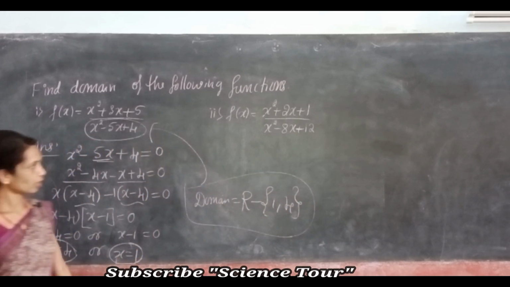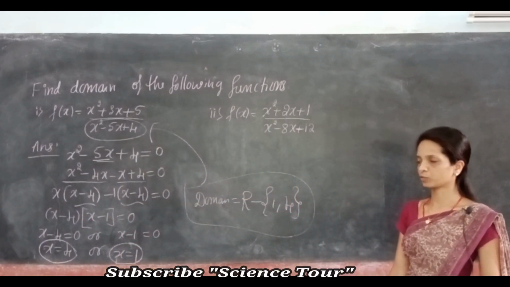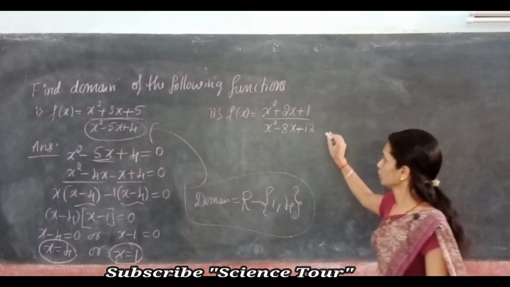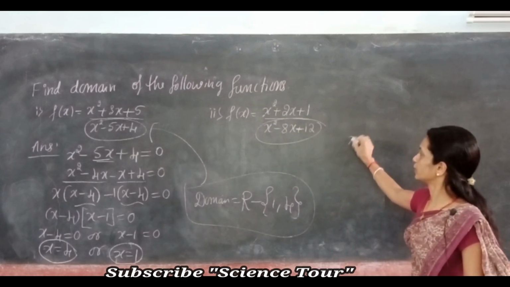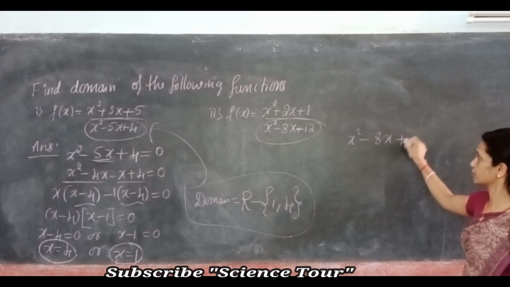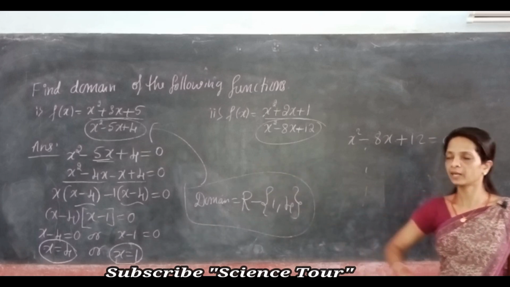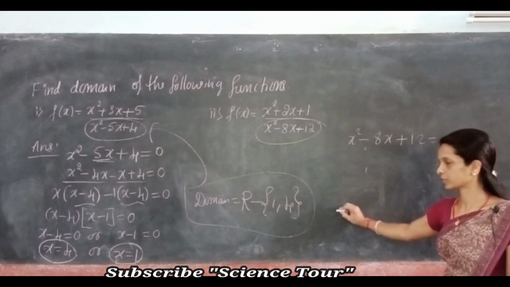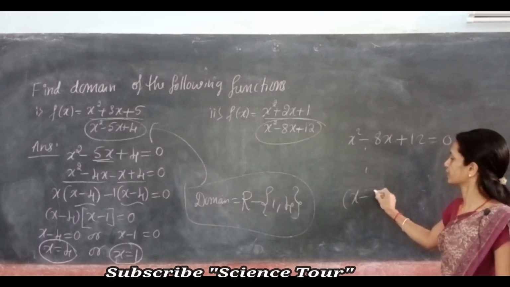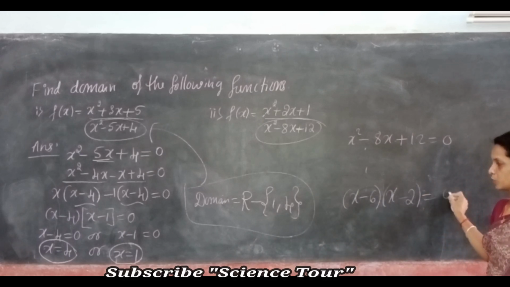In the same way you have to find the domain of the second rational function also. That is homework for you. You have to take the denominator polynomial equal to 0, x square minus 8x plus 12 is equal to 0, and factorize in that way, and at the end of factorization you may get x minus 6 into x minus 2 is equal to 0.